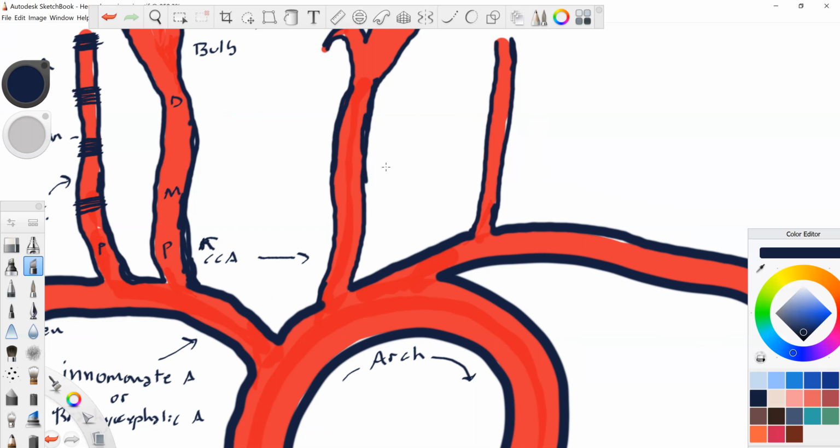We do get plaque at the beginnings of arteries, and the bulb could also be considered a beginning of an artery. That's one location. And so the subclavian comes off the aortic arch here, and for some reason that is a location for plaque buildup.